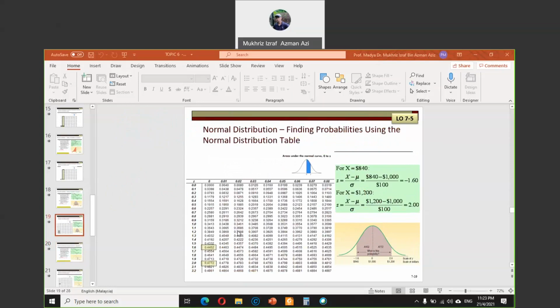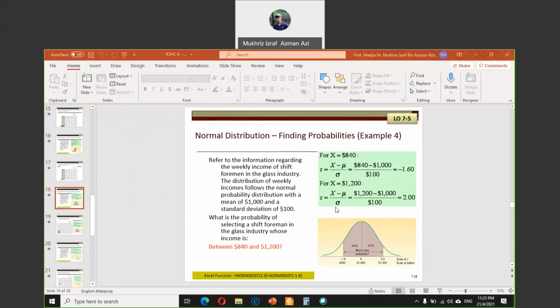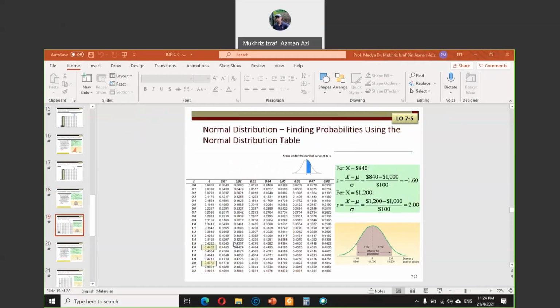Okay, and then for the second one, your Z is negative 1.6. Again, because the table is symmetrical, calculating from negative 1.6 to 0 is the same as calculating from 0 to 1.6. It's just the mirror image of this area on the left. So what you can do is just read the table for 1.60, which is 0.4452.